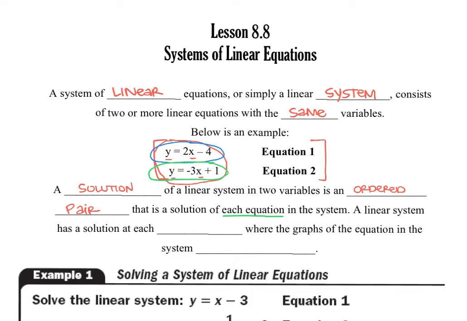And so if you think about visualizing this on a graph, if we have two lines and one line represents the solutions to all of equation 1 and one line represents all of the solutions to equation 2, then hopefully it makes sense to you that where the two lines intersect at that point is what is a solution to both equations, and therefore the solution to the linear system. So a linear system has a solution at each point or ordered pair where the graphs of the equations in the system intersect.